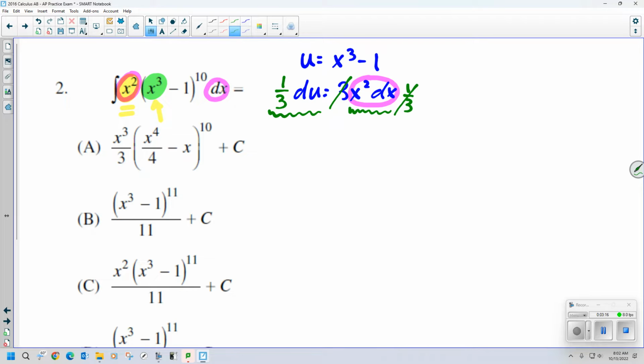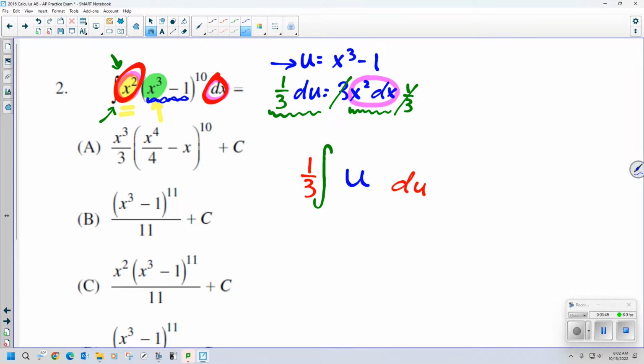All right? There are no bounds, so I don't have to convert my x bounds to u bounds. There's nothing in the top or bottom here, so there's no conversion for that. Okay, let's substitute in. The x squared dx is going to go bye-bye, and in its place, I'm going to put 1/3 du. Any constant I always put on the outside. Then in for x cubed minus 1, I'm just going to put u.